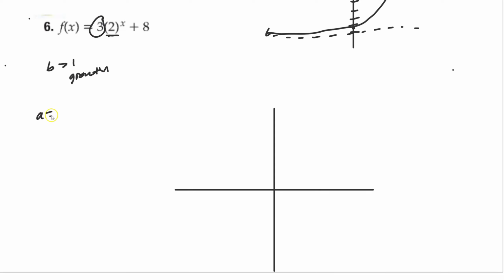That's my A. A is 3, so that's your initial y-intercept. So 1, 2, 3 is right there. And then you have right here at 8, you have a vertical shift of 8. Positive 8 plus 8, which means your horizontal asymptote is at y equals 8. So 1, 2, 3, 4, 5, 6, 7, 8.